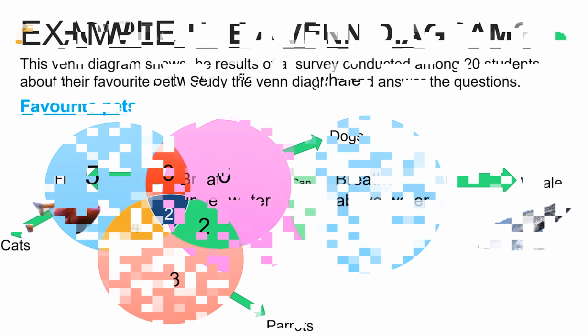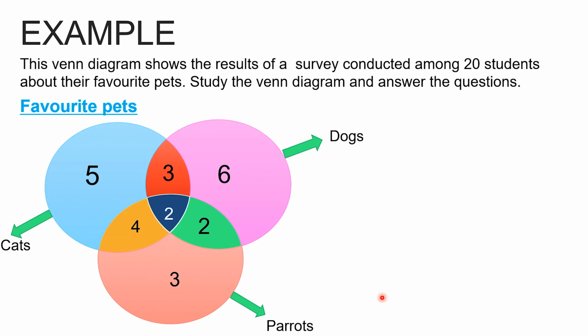Let's look at this example. Read the instructions carefully. This Venn diagram shows the results of a survey conducted among 20 students about their favorite pets. Study the Venn diagram and answer the questions.